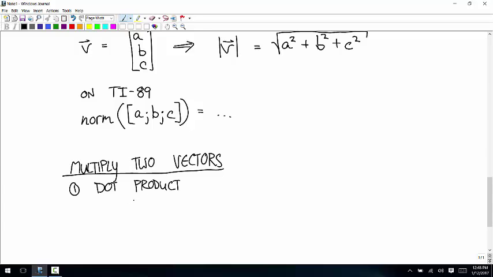Scalar output, yep. So the output is a scalar. Sometimes you hear people refer to this as the scalar product. And the second way is the cross product. And what type of mathematical thing is the output of a cross product? Vector. And so sometimes you hear people talk about cross product as the vector product.